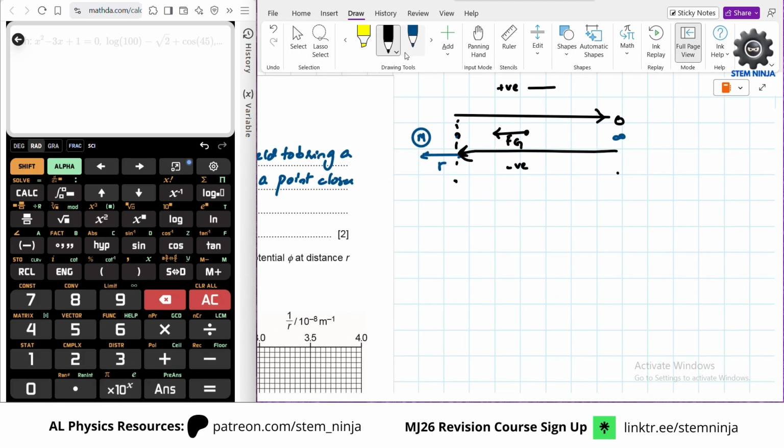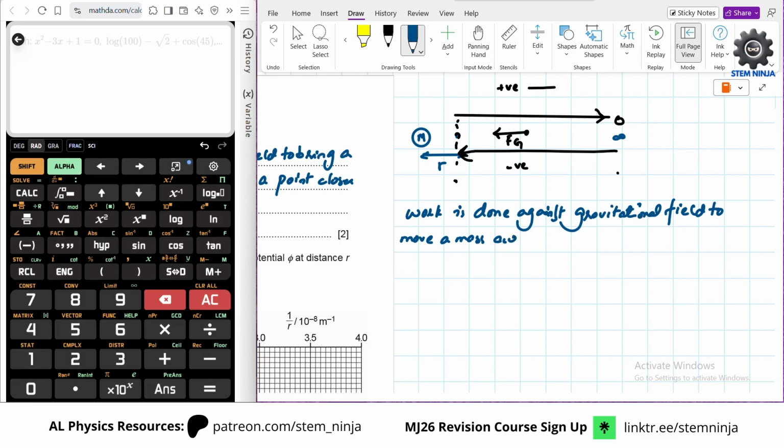Let's write over here that the work is done against gravitational field to move a mass away from another mass, raising its potential.